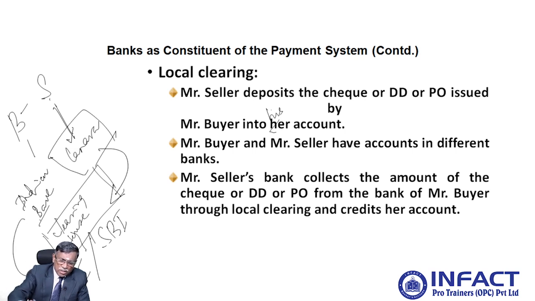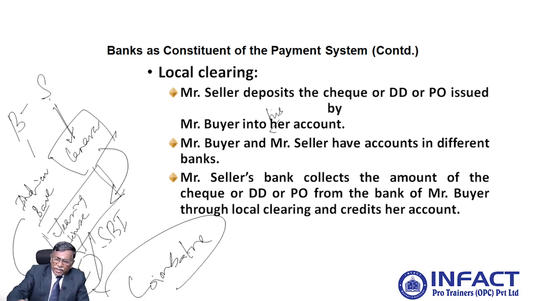This clearing house is conducted by the Reserve Bank of India, wherever RBI has a presence. When there is no RBI, for example, in Tamil Nadu, in Chennai we have the RBI office, whereas if you go to Coimbatore, we do not have RBI. So SBI is the clearing house over there. In Coimbatore, SBI is the clearing house.